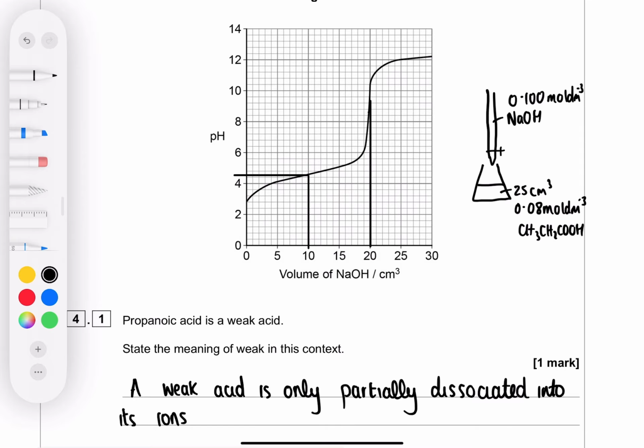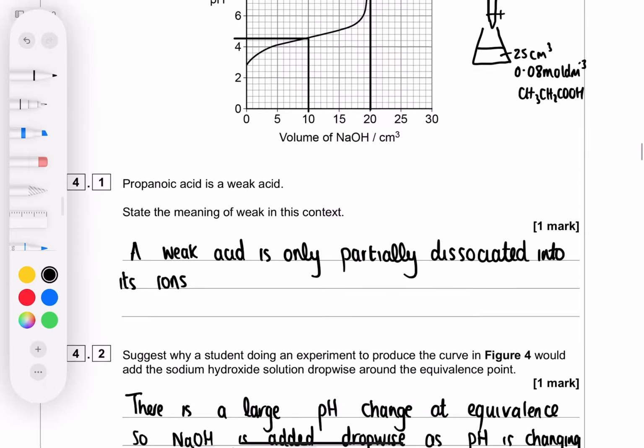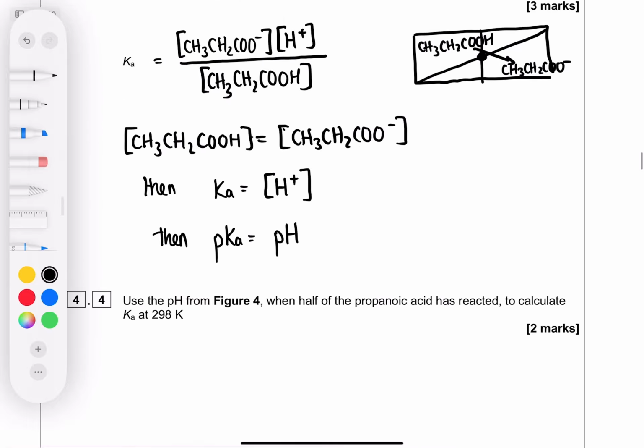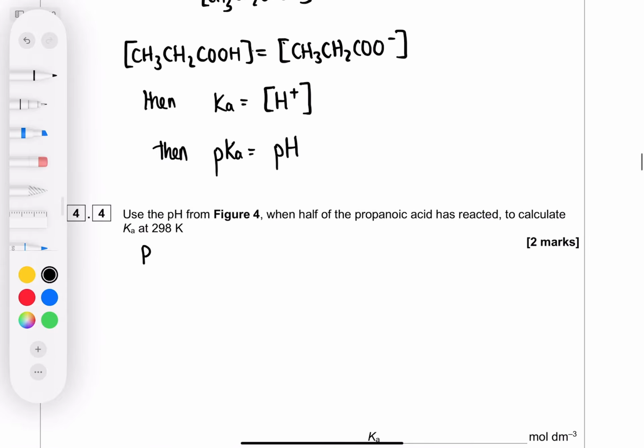So if this big square is worth 2 pH units, each little square is worth 0.4. So this is like 4.6-ish. It's halfway between 4.4 and 4.8. I said 4.6, and the exam board allowed anything between 4.4 and 4.7.